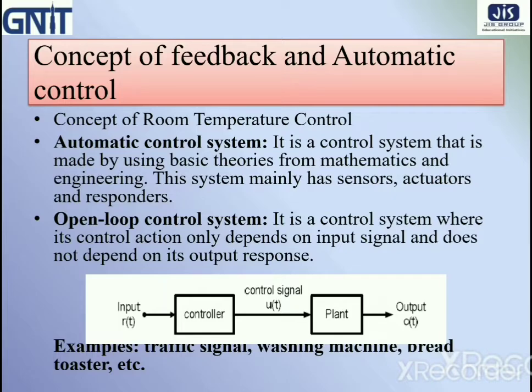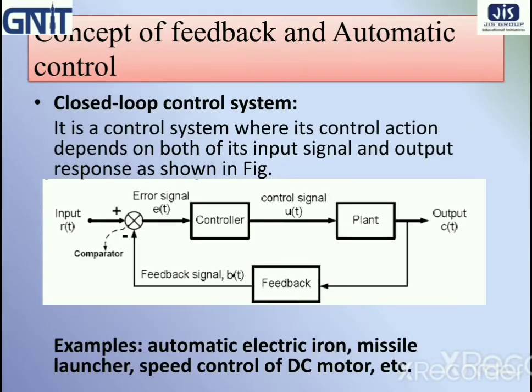Now, what is a closed loop control system? Suppose the actual room temperature is the output temperature. By using a sensor or any other measuring instrument, we can measure or sense the actual room temperature.